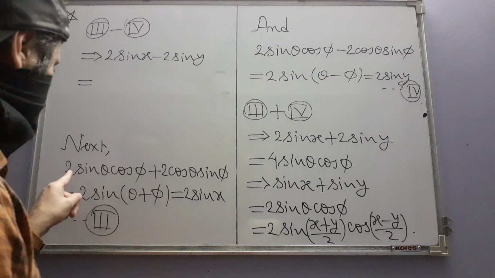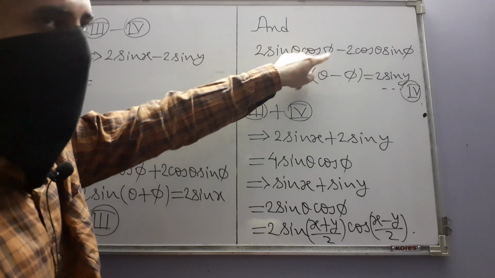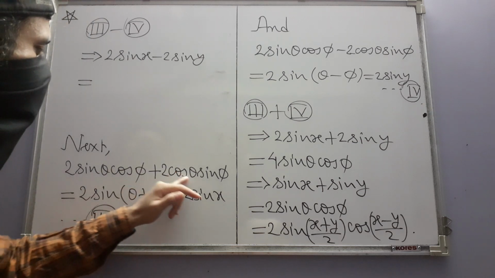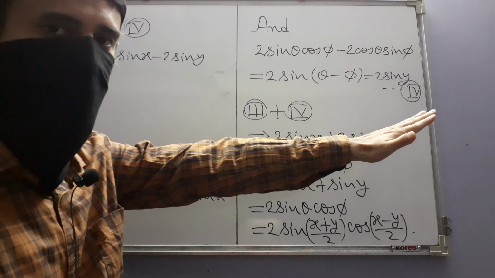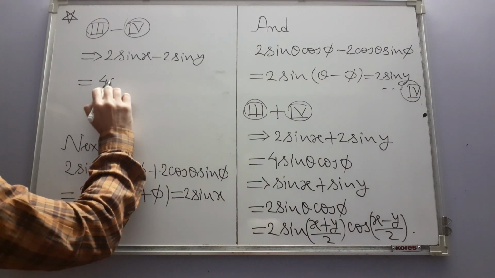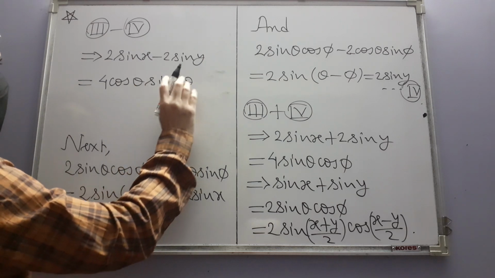So this time 2 sin theta cos phi minus 2 sin theta cos phi, these two terms won't survive. And we will have 2 cos theta sin phi minus of minus 2 cos theta sin phi, which is plus 2 cos theta sin phi. So 4 cos theta sin phi.